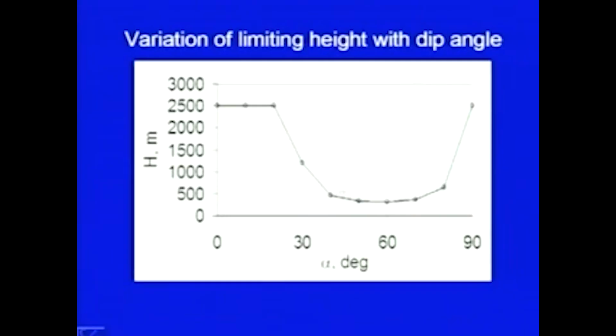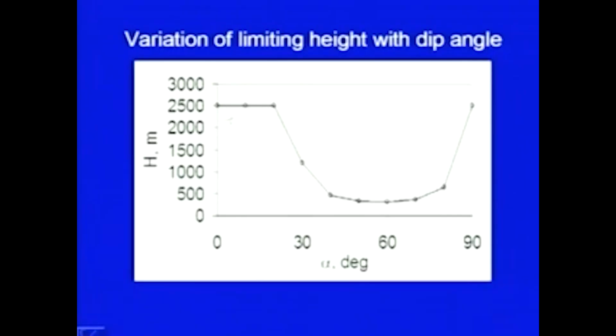It starts from infinity here, comes here, then goes to a certain minimum value at 60 degrees, and then it starts increasing, and again at 90 degrees the value from the expression will tend towards infinity. But this is the limiting value which we have to take.